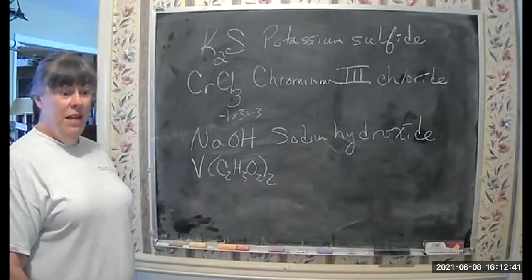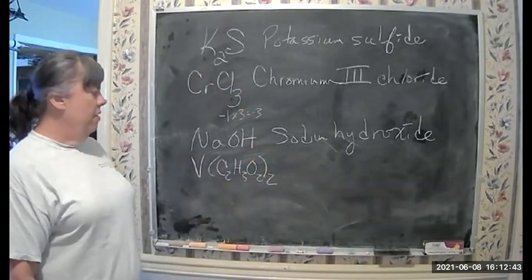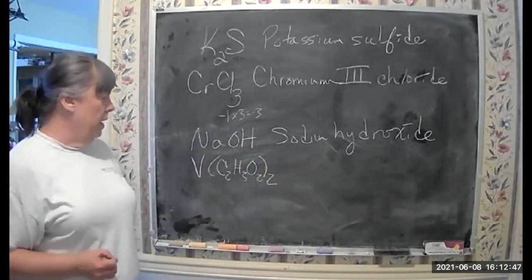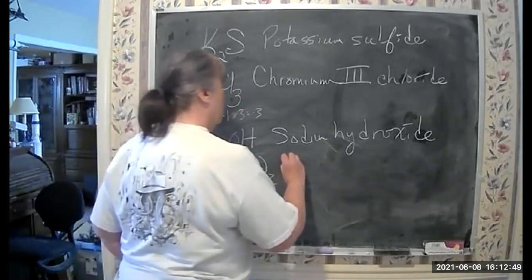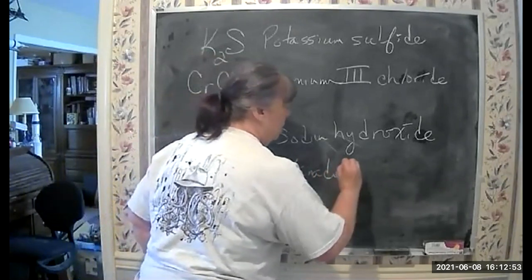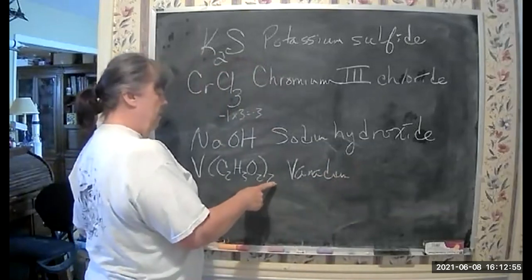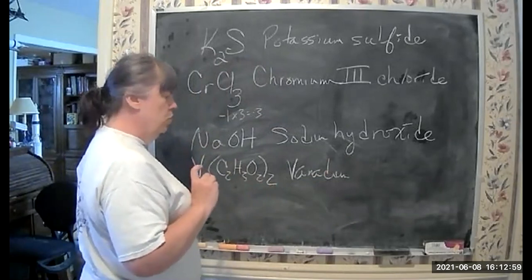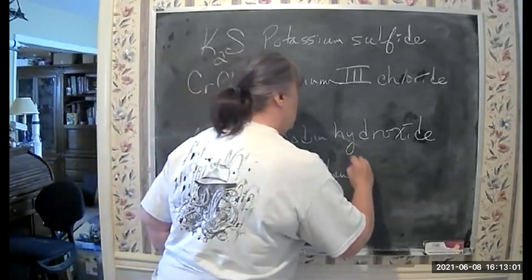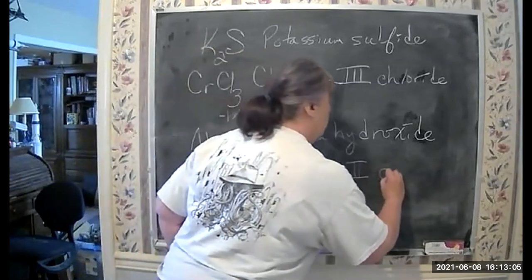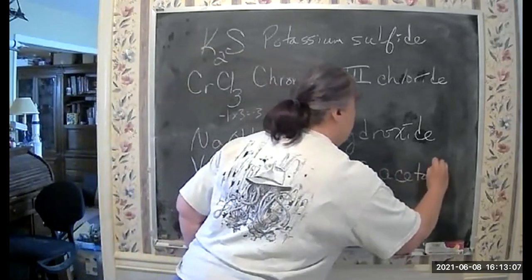V for vanadium, and then the C2H3O2 is one of the ways that you can write acetate. So I've got vanadium. In this case, I have two acetates. Acetate has a -1 charge, so this needs to be vanadium 2 acetate.